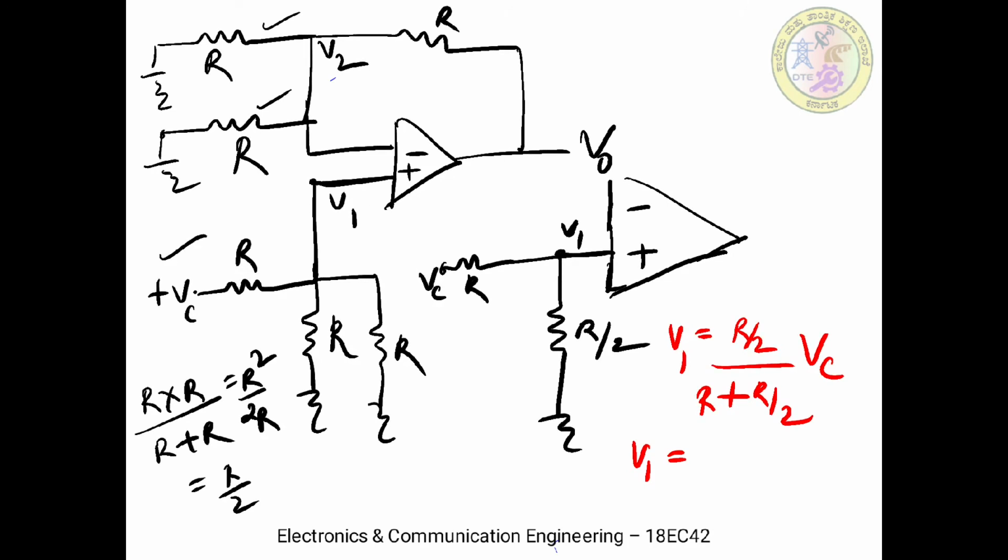If we simplify R by 2 by R plus R by 2, it will be 1 by 3. This will be equal to VC by 3. So now V1 is equal to VC by 3.